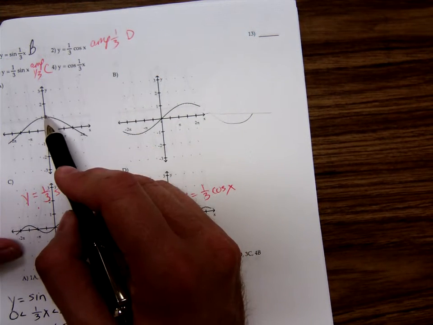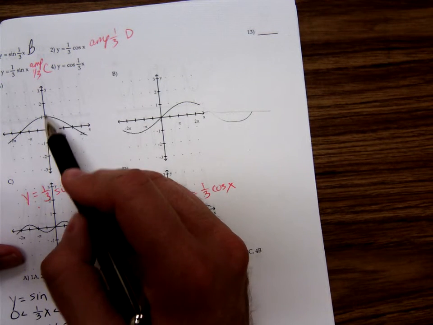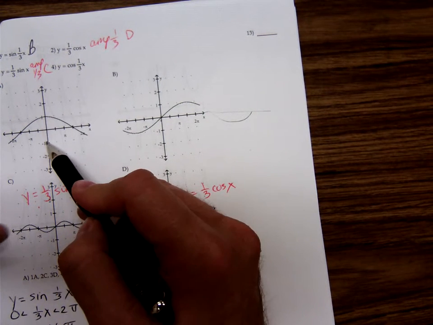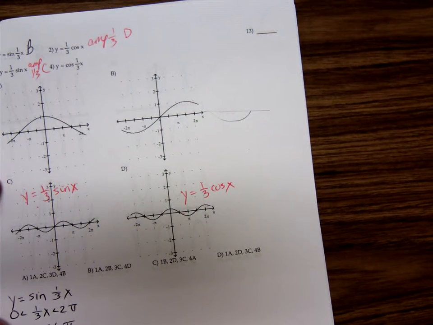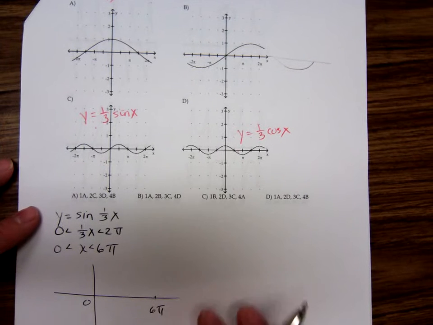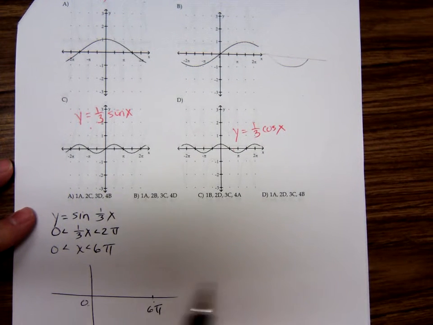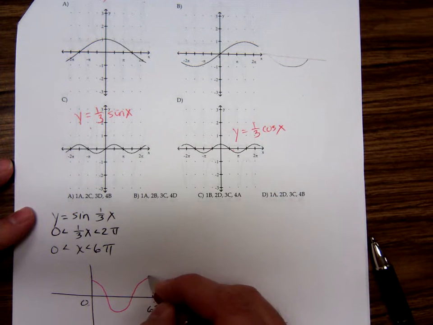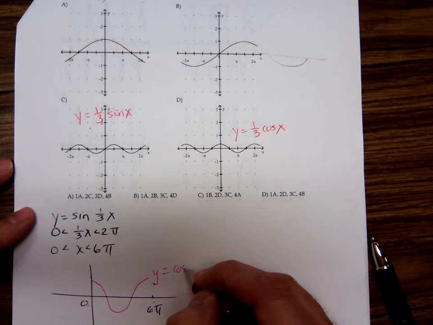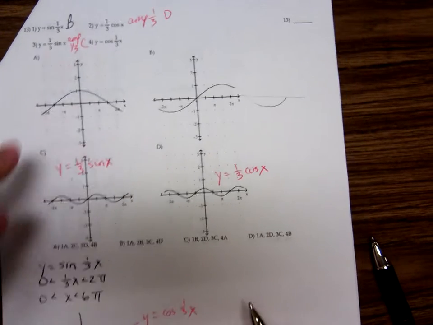Cosine is the thing that starts up at 1 and it's bouncing between 1 and -1. But it would go 0 to 6 pi for a whole shape. So right here in pink, here's a rough sketch of y equals cosine 1/3 x. So that would be this one here.